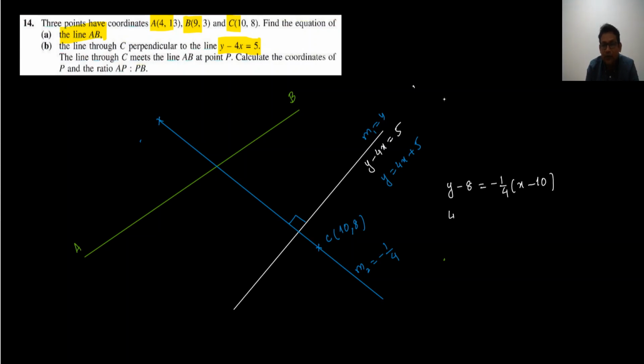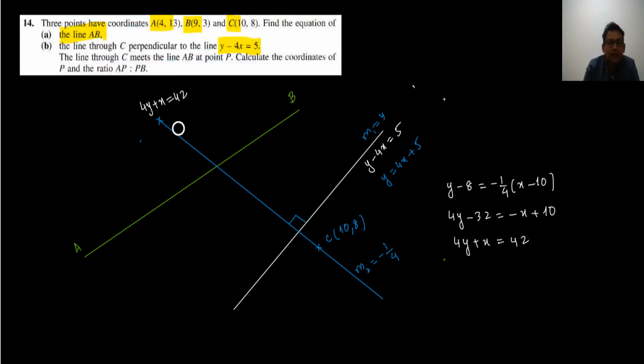So 4y minus 32 equals minus x plus 10. So 4y plus x equals 42. We got the equation: the equation of this line is 4y plus x equals 42.